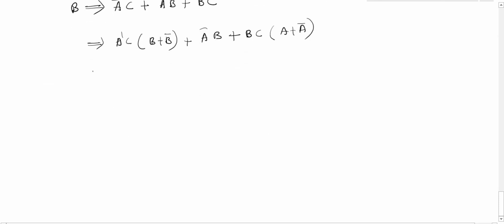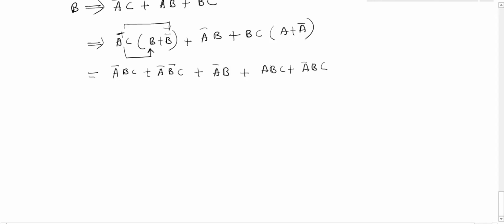Now by using the distributive law, I will expand the expression. This is going to be multiplied with the B first, then with the B bar. So A bar BC plus A bar B bar C plus A bar B I am going to write as it is, then ABC plus A bar BC.